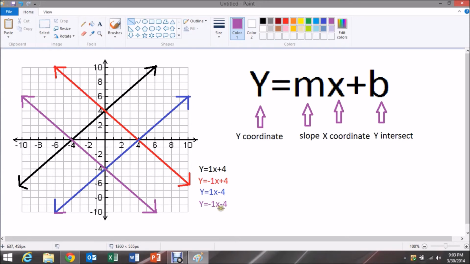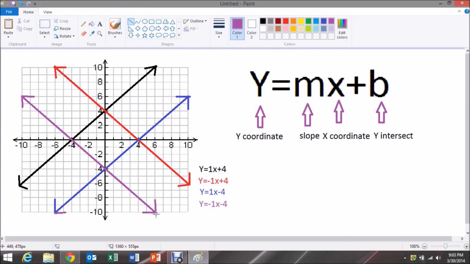So if we put x as a value of 1, we go down to where it crosses on the y. So the actual point would be (1, -5). If we set x equals 2, it'd be (2, -6). If we wanted to set it all the way at 6 for the x-coordinate, it'd be (6, -10).